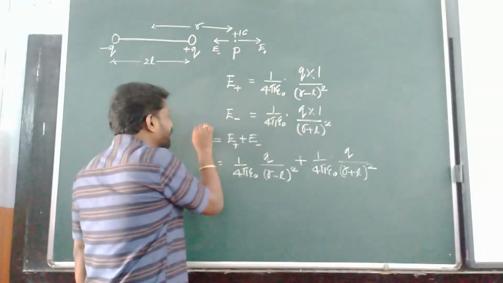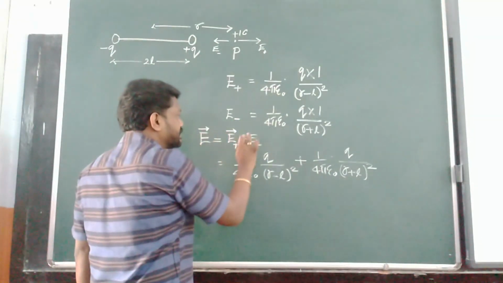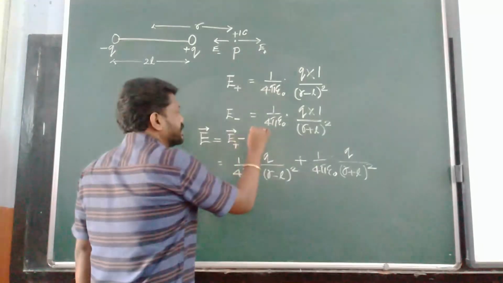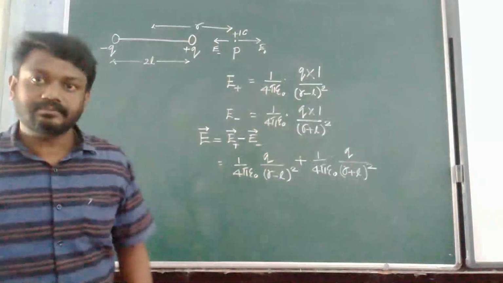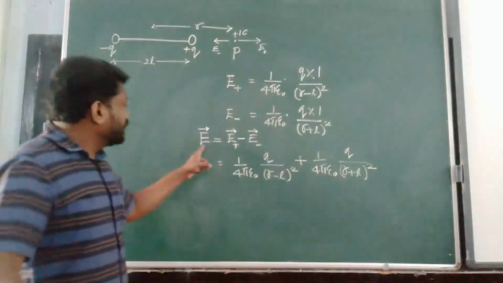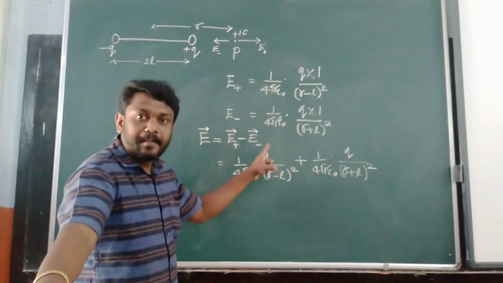So when you are taking these vector notations, E plus, this plus I am changing to minus, then E plus plus E minus. Is it okay? So net electric field at the required point will be E plus minus E minus.